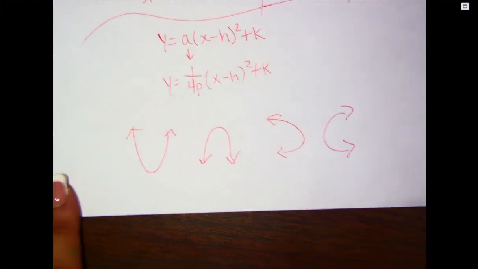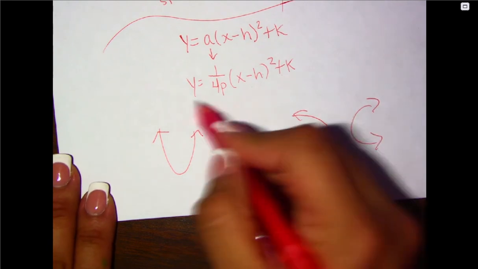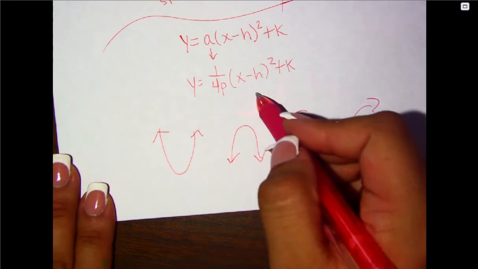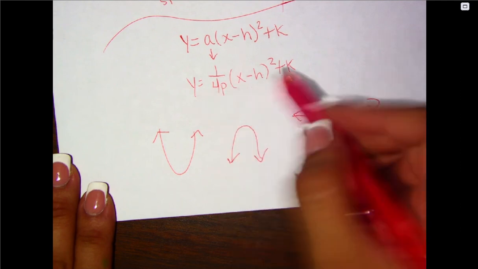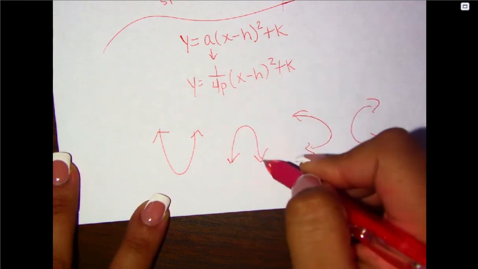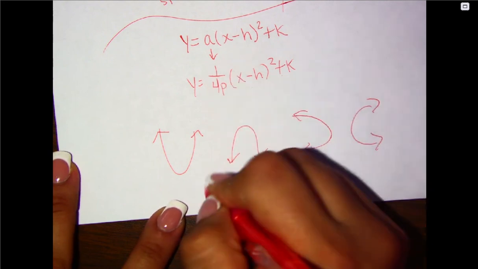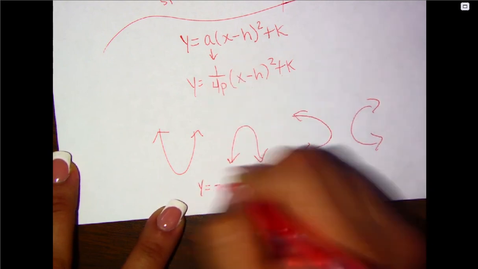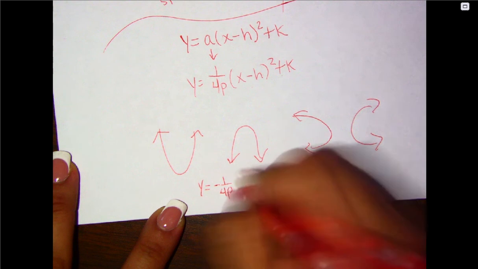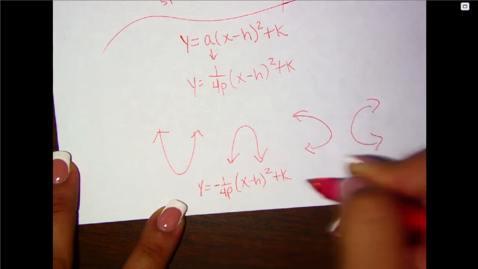Each one will have a different situation going on in the equation based on the direction it's going. For the normal one, the one you have seen since Algebra 1, it follows the original equation y = 1/(4p)(x − h)² + k. The moment you reflect it down, that a value becomes negative, so it's y = −1/(4p)(x − h)² + k.